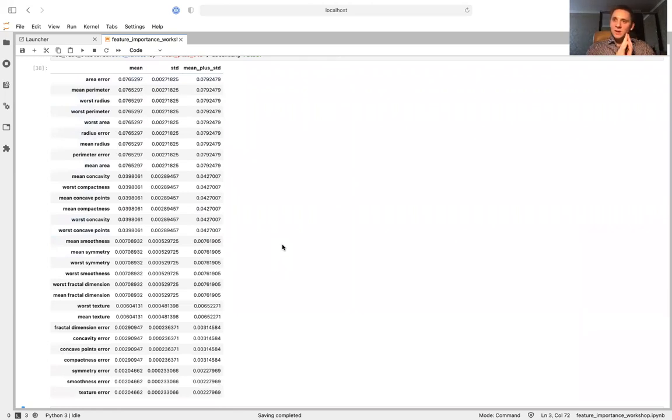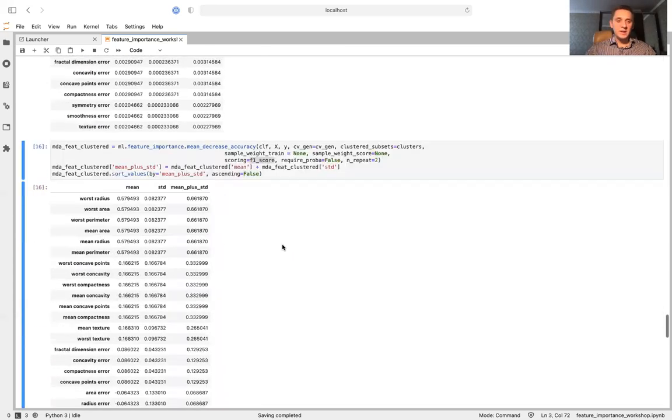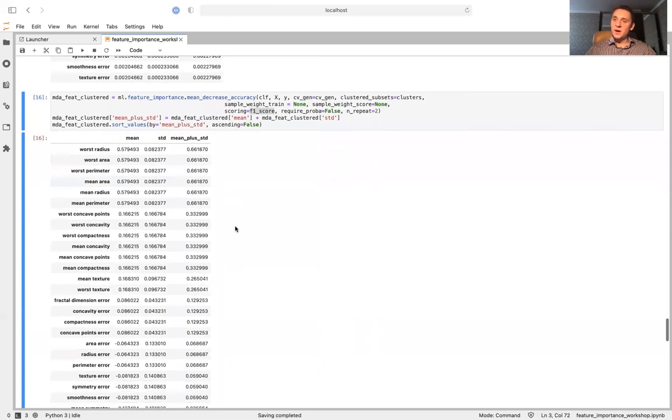So that's one of the advantages of cluster feature importance, because it is extremely stable. Usually you will see that your informative clusters are both at the top of MDI and MDA values when you group them on a cluster-based level. So in this case, you can understand and get a better intuition of what kind of information is important for your model and how to maybe generate more features.